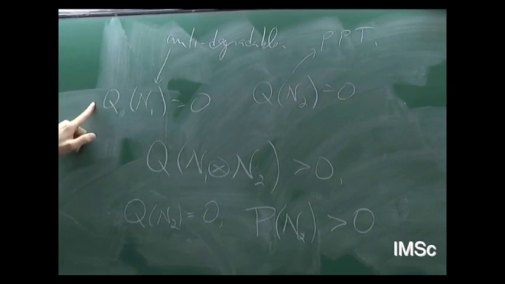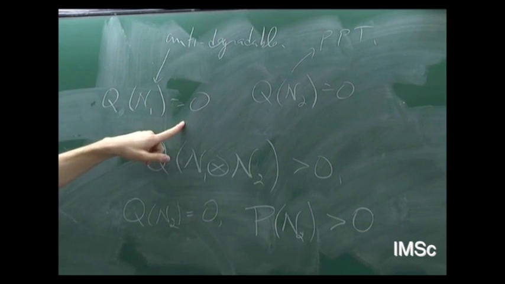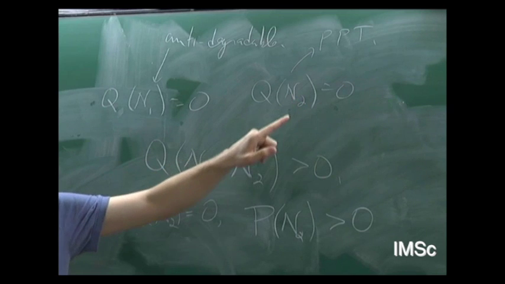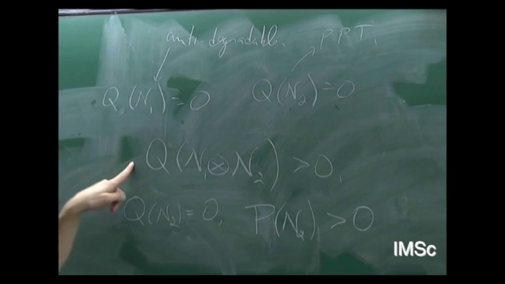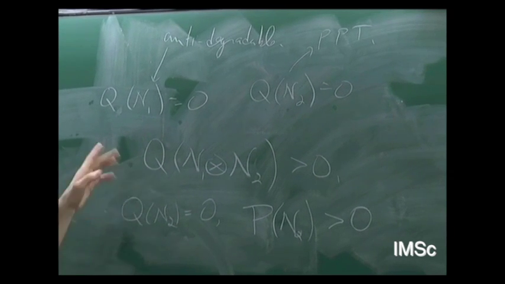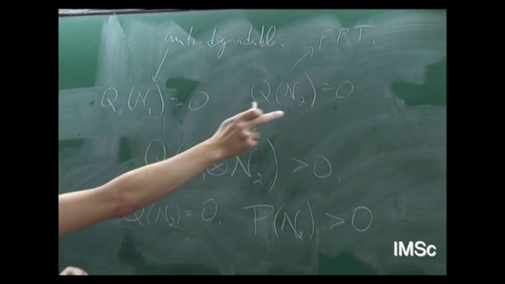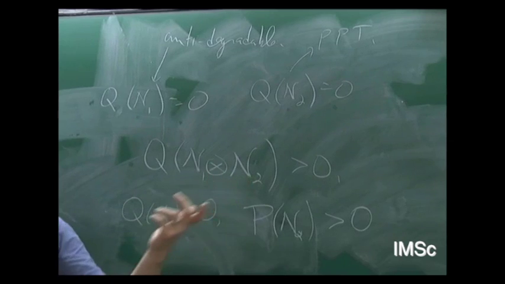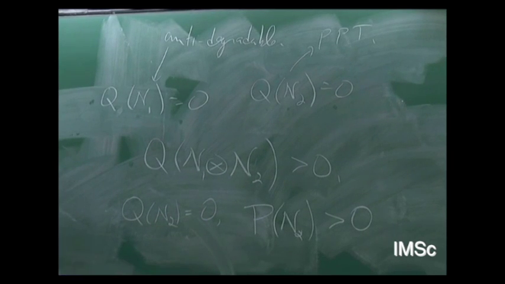If the channel is anti-degradable, it has zero quantum capacity. If it's PPT, it also has zero quantum capacity. I'm just saying that I can find examples of such channels where, when I take the tensor product of them, they have non-zero quantum capacity. It's positive. The point is that if I take two anti-degradable channels and tensor them together, that's still anti-degradable, so it still has zero quantum capacity.